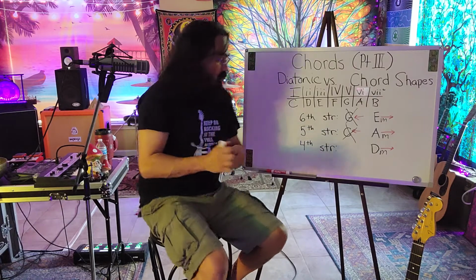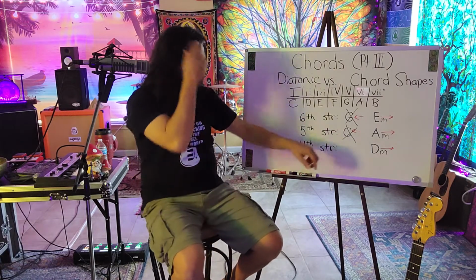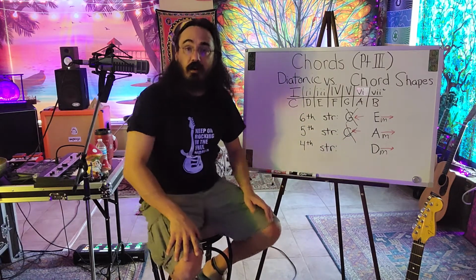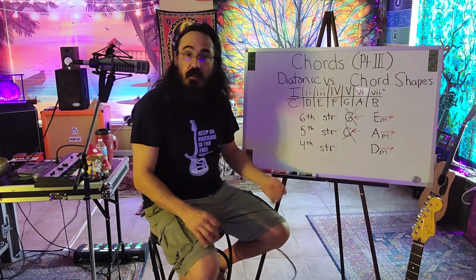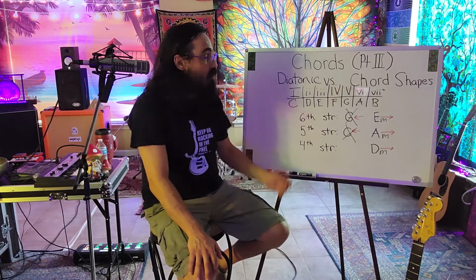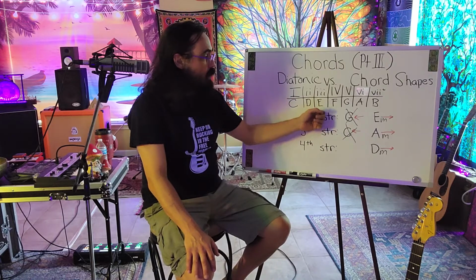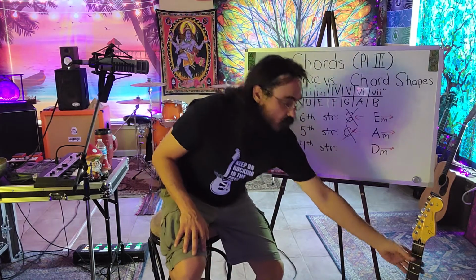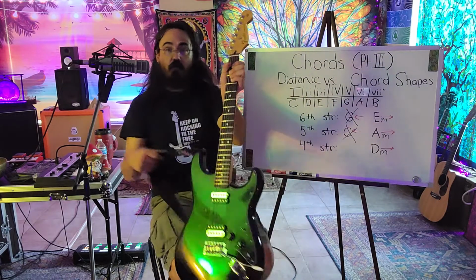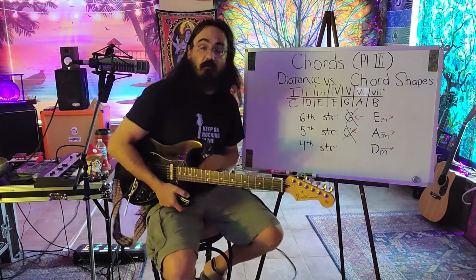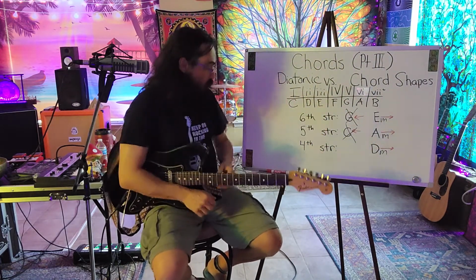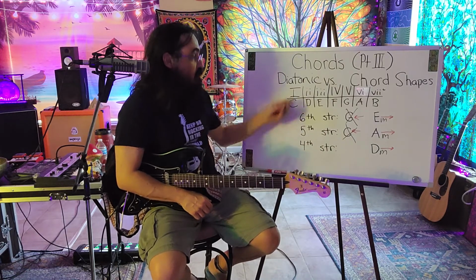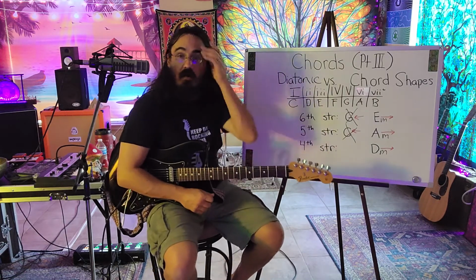So, if you saw part 1 on chords here, those were the chords that I showed you how to play. D minor, E minor, and A minor. The 2 chord, 3, and 6. So I taught you those chords so that you know what the shapes are for the chords diatonic to their key.